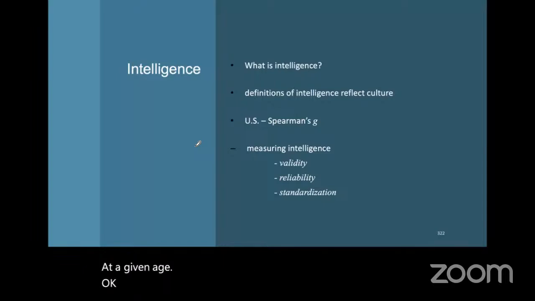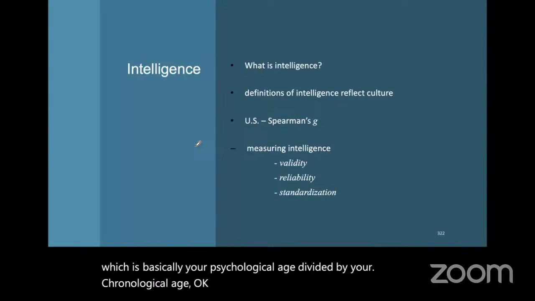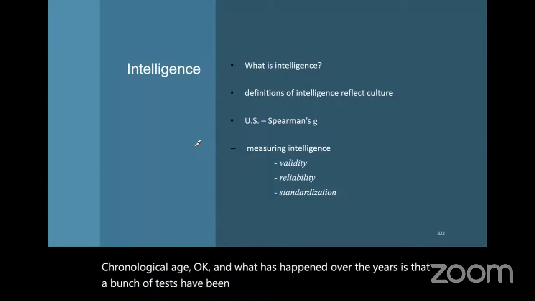And we actually have what's called an intelligence quotient, which is basically your psychological age divided by your chronological age.